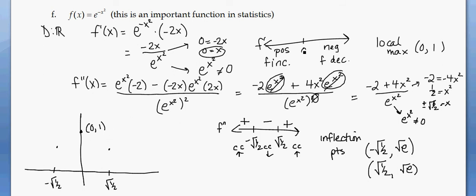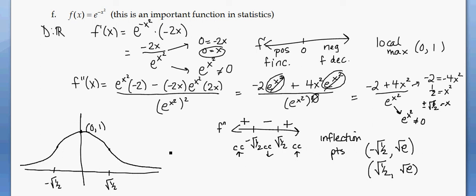We are increasing all the way to 0, and we're increasing in a concave up fashion until we get to the first inflection point. So increasing concave up, and then we are increasing concave down, right? Because we're still concave down. We're going to stay concave down, but now we switch to decreasing. And now after the square root of a half, we stay concave up, still decreasing.